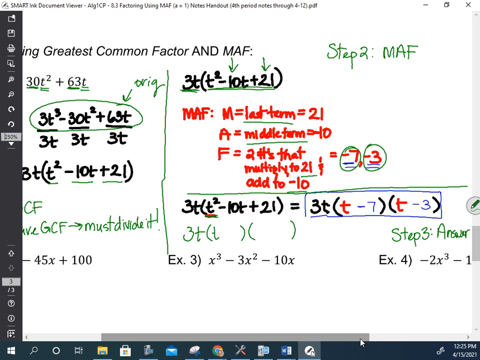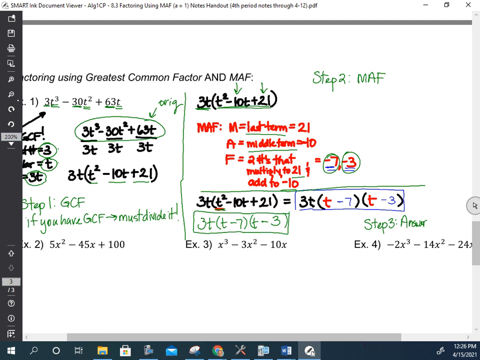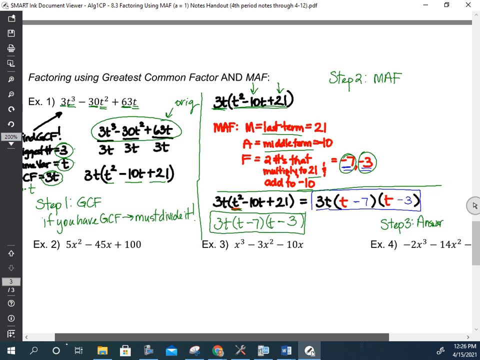T squared goes in each parentheses, no wait, T goes in each parentheses. And your two numbers go in the other parentheses. It's the exact same thing that we did on the front. You just had to divide something out outside. It's the exact same thing. Put it all in one screen.